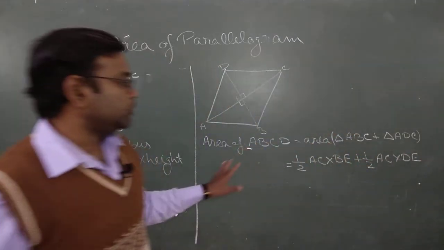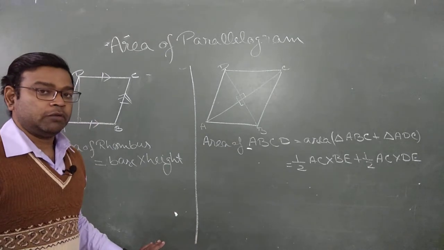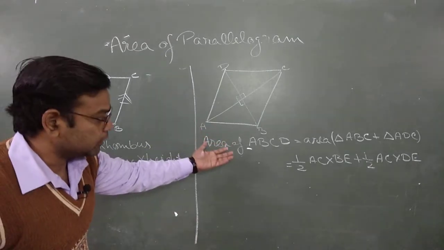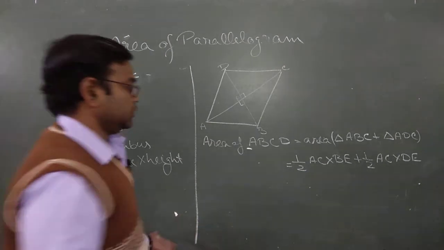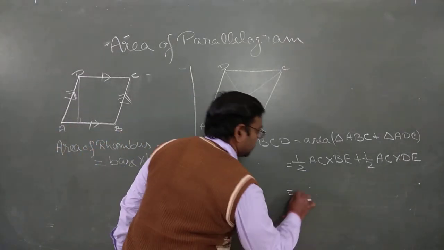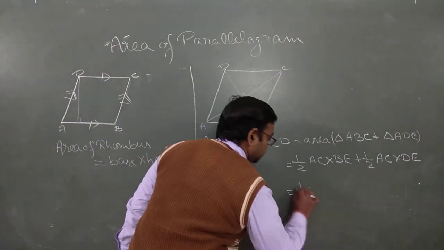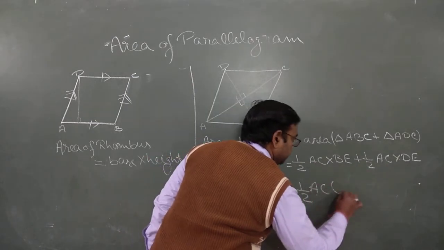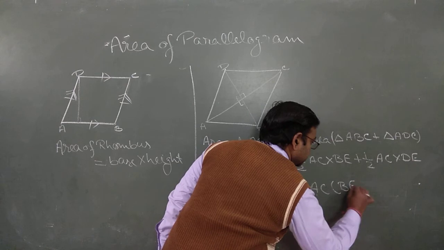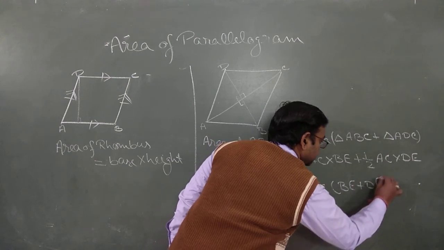I am explaining how we can conclude one formula from some previous concept. So if we take half common as well as this AC common, what do we have? We have BE plus DE.